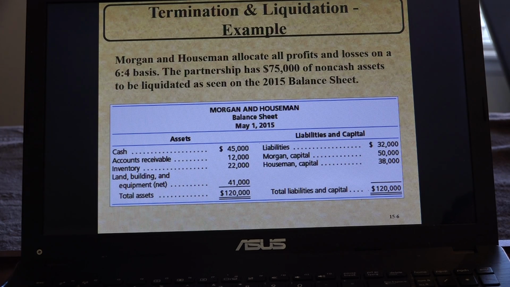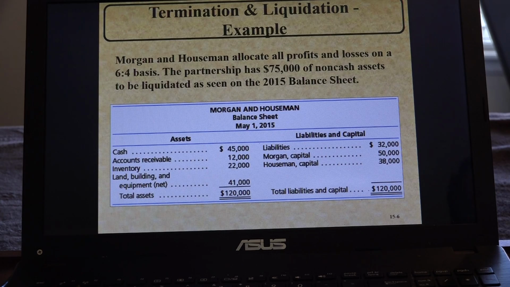As of this date, Morgan has $50,000 in his capital account, and Houseman has $38,000. And of course, we have liabilities of $32,000 and cash of $45,000.